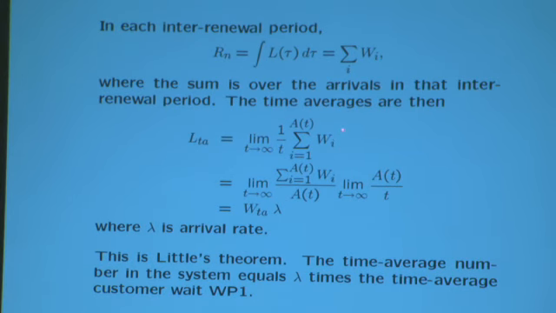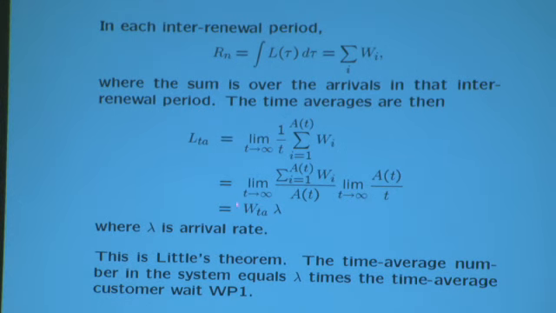When you take that limit, it's the sum of W sub i over A of t times the limit in t of A of t over t. Both of these go to a limit with probability 1 because this is just the strong law of large numbers again. This is just the renewal theorem again. And that limit here is the time average of W. It's a little awkward calling this a time average because what this really is, is a sample path average, which exists with probability 1.